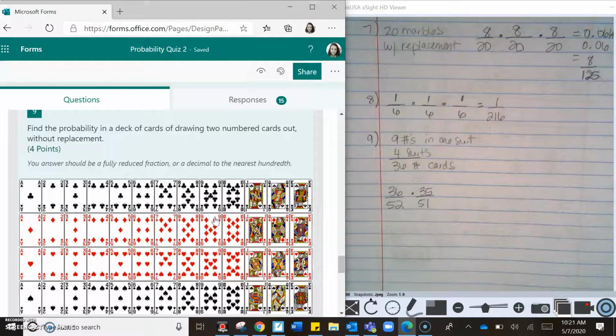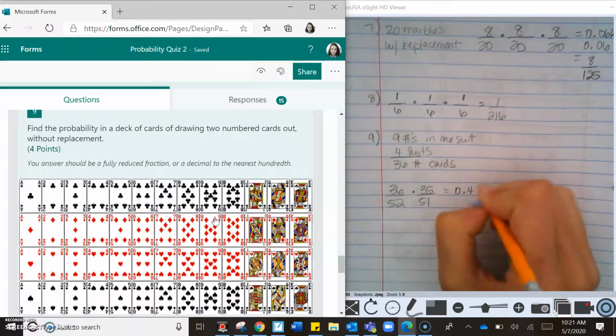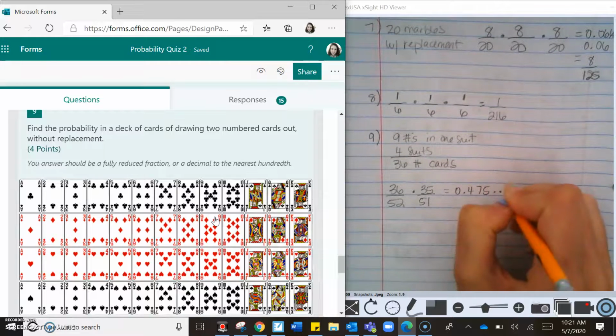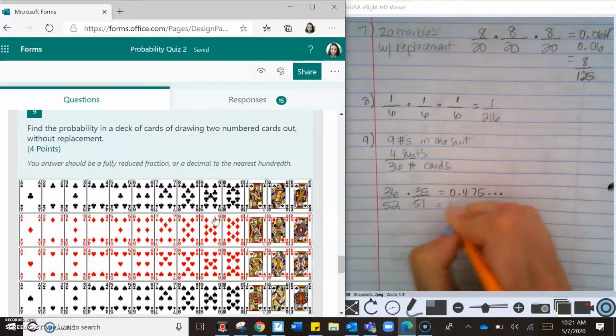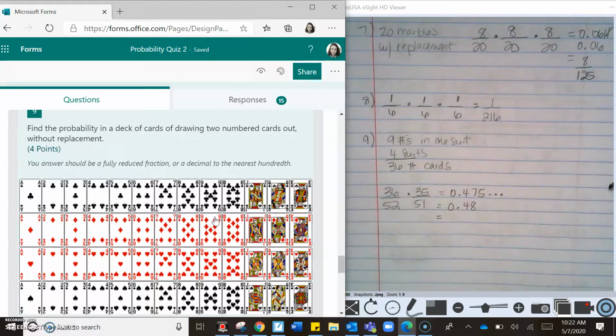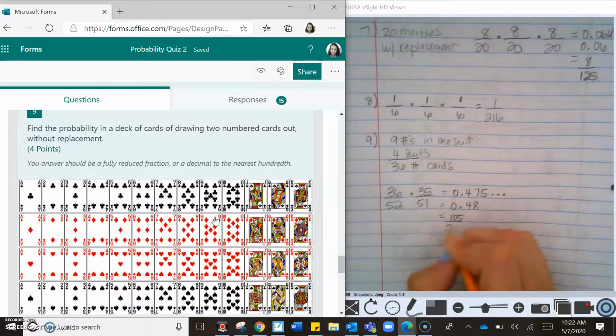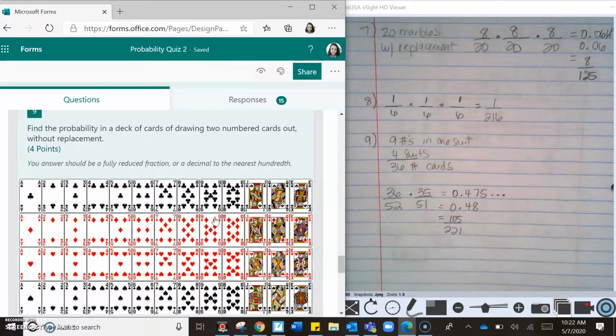So I'm going to take 36 and divide it by 52. I'm going to multiply it by 35 divided by 51. And that equals 0.475, and it keeps going, right? If we round to the nearest hundredth, that's 0.48. Or if we leave it as a fraction, that's 105 out of 221.